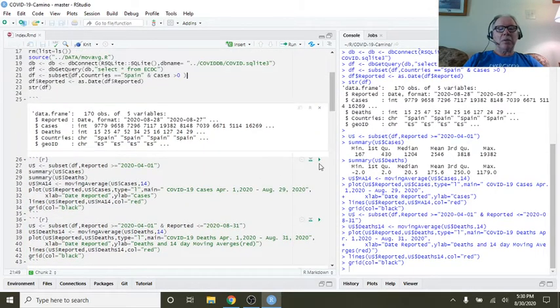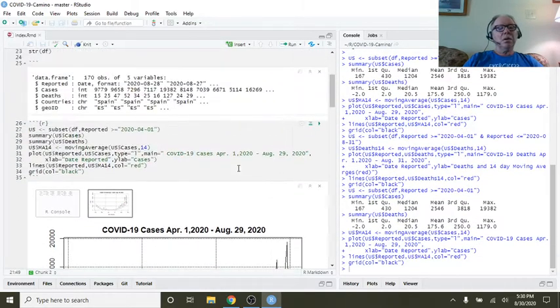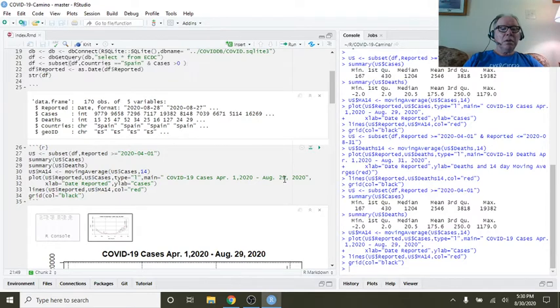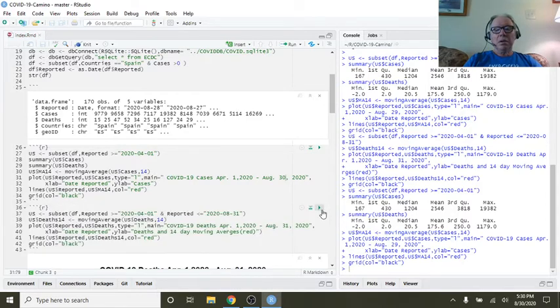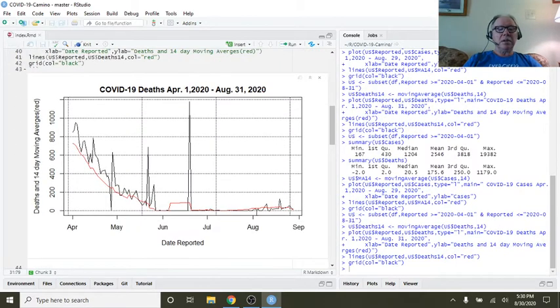Let's come back up here and run the cases first. There's the deaths. You can see the deaths are still pretty low. They're still maybe at the most 150. One day below that, they're actually less than that.